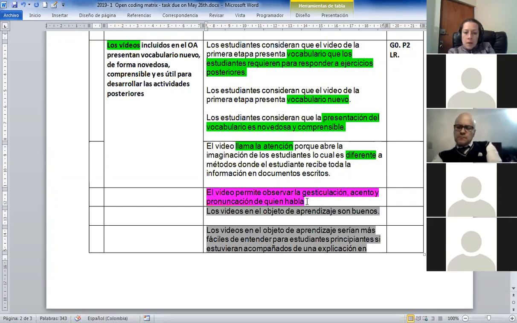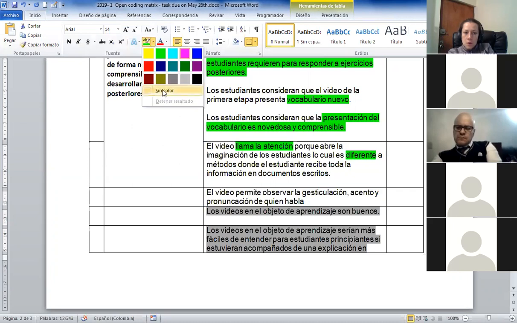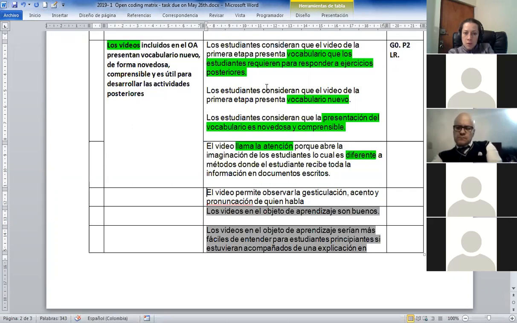Okay, here LR says el video permite observar la gesticulación, acento y pronunciación de quien habla. That is new. This information is not repeated here with GO's opinions. Here, los videos en el objeto de aprendizaje son buenos.